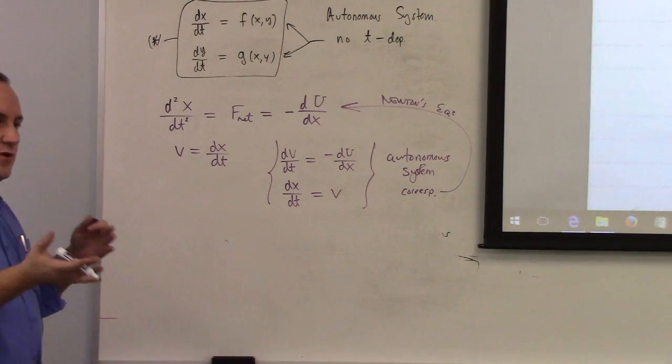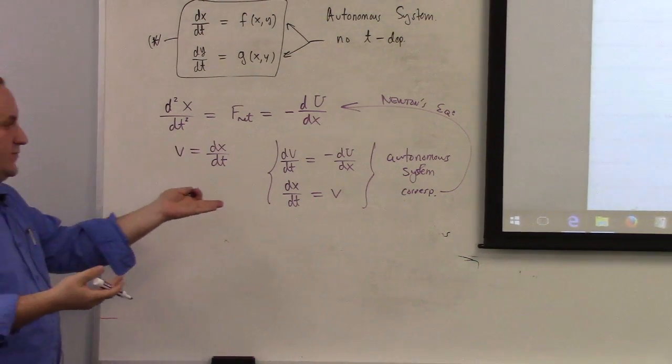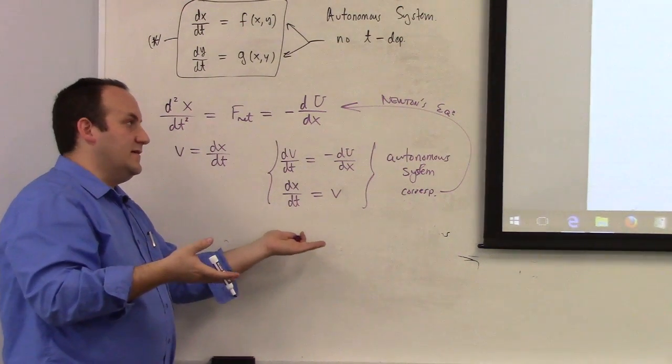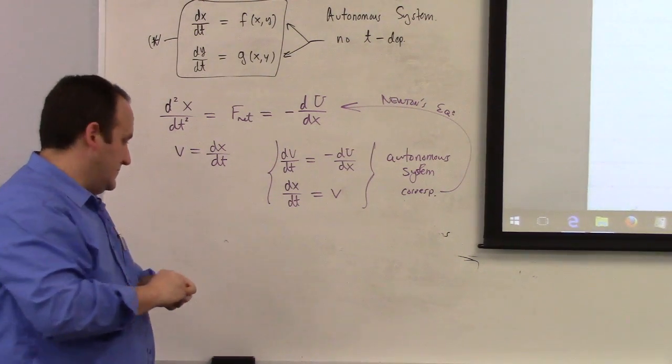Then the question is, what are the critical points for such a system? It's a very specific and special case. And if you look at it, well, we need what? We need two things, right?